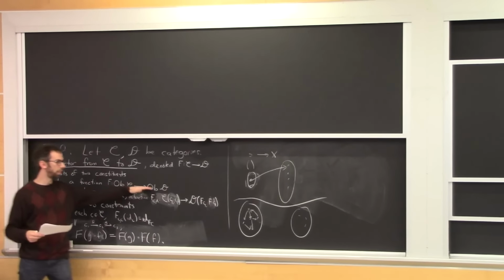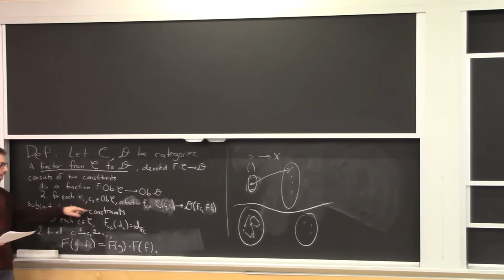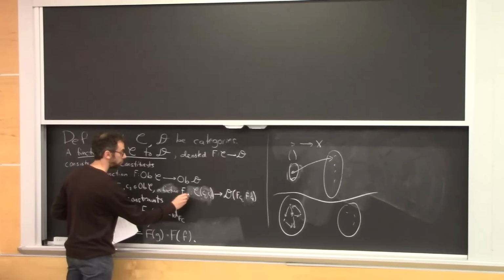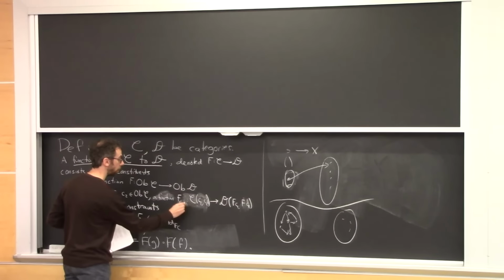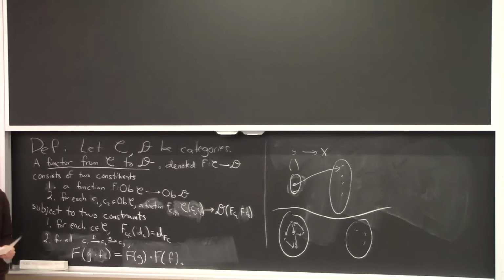So it takes objects in C to objects in D, morphisms in C to morphisms in D, and it's subject to two constraints. F of the identity should be the identity, and f of composition should be composition of f's. That's what it says to do.